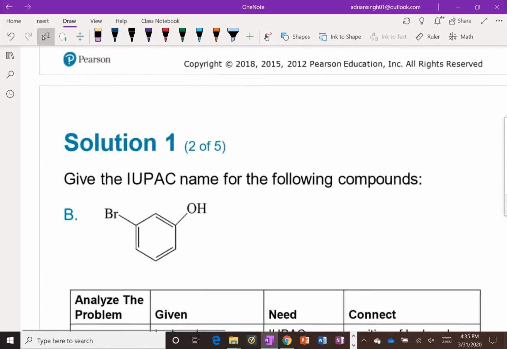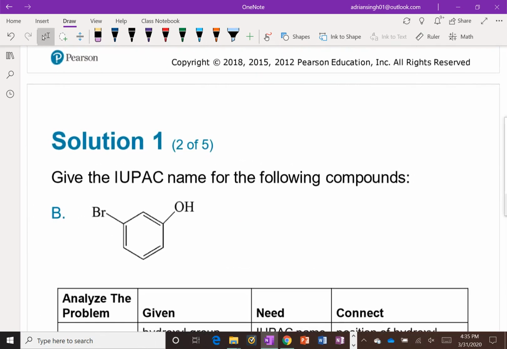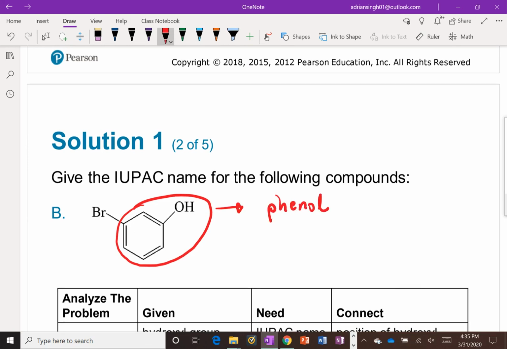All right, if you take a look at a slightly different example, right here you don't see a chain, you actually see a ring, right? And what you should notice now is that the ring is attached to OH, so that means that it's a phenol. And by naming it as a phenol, this carbon here has to be carbon 1. All right, and then you can see that there's a bromine attached to it. We want to number it to give now the lowest number possible to that bromine.